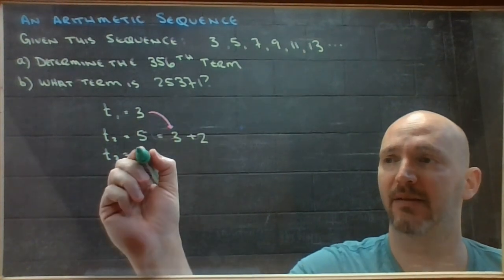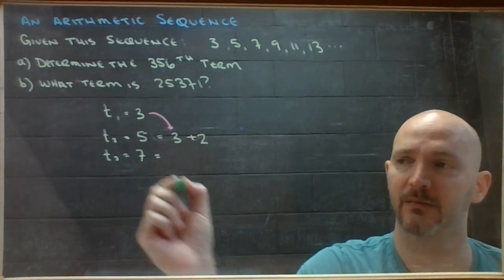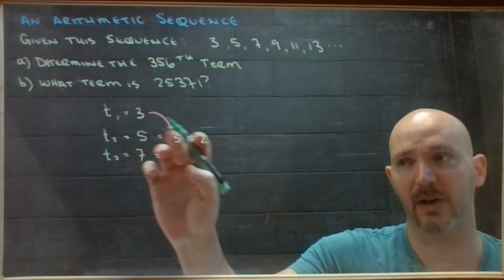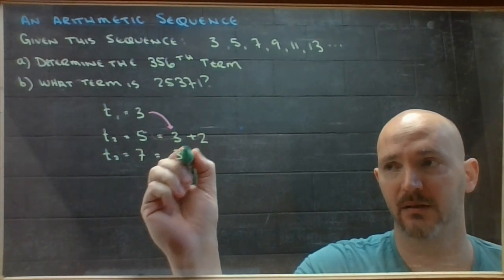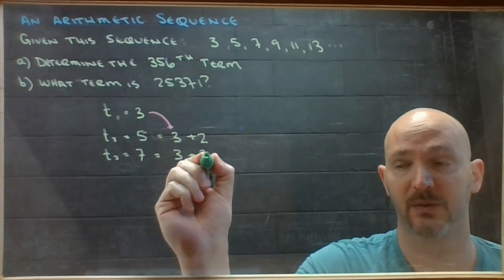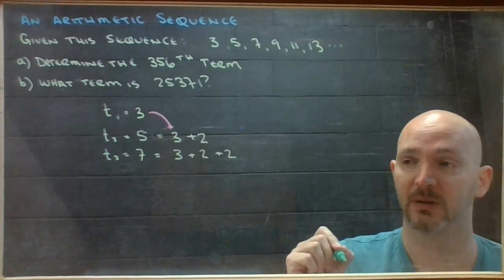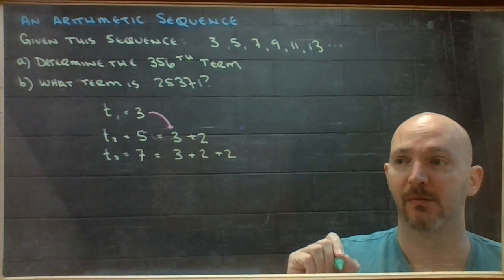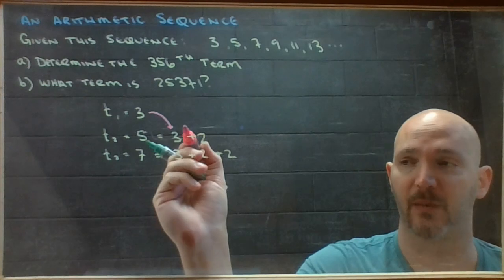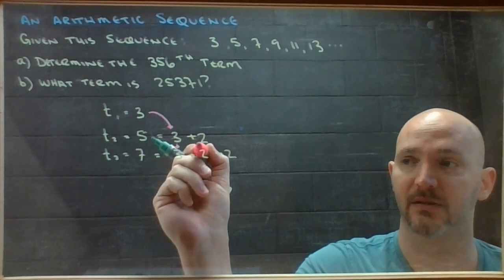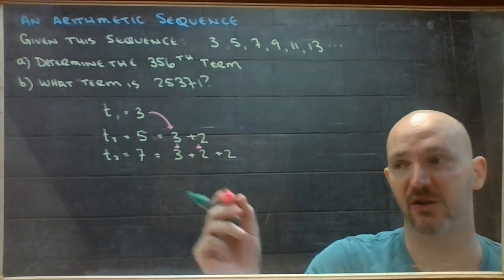Term 3 is 7. Now if I try and write it like this, 7 happens to be 3 plus 2 plus 2. So I've got all the numbers from my second term of the sequence plus an additional one for this term.